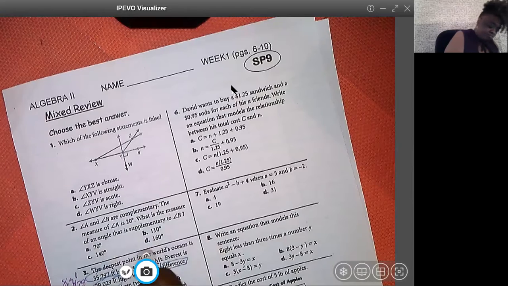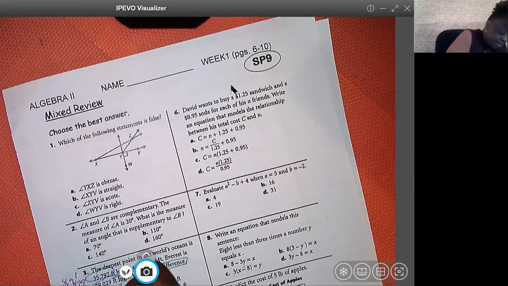So the first thing we want to do is line our place values up.